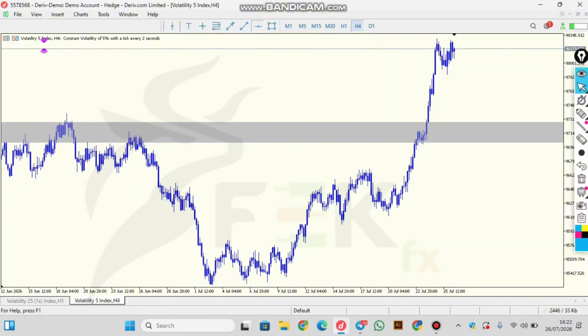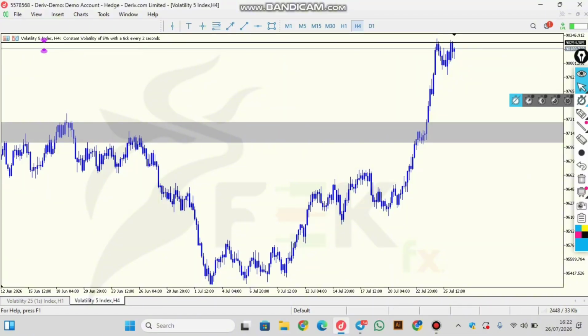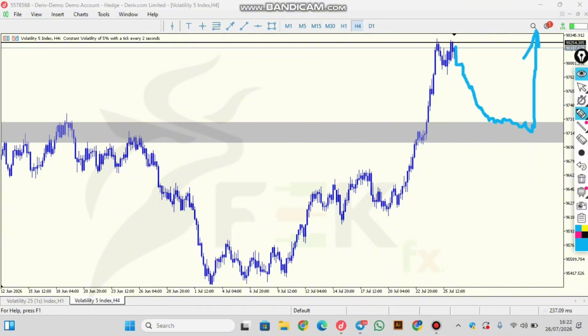If I want to buy this market now, I'll take my TP here. That is my first TP. If this market comes back down and gives me a reason to enter on the lower time frame, I will join the market back to this level and take my profit right here. Are you getting it? So V5, anticipation by trend.